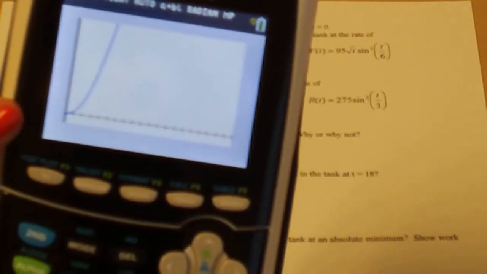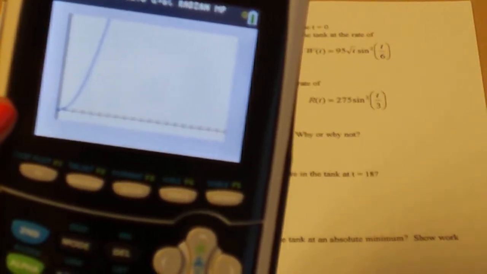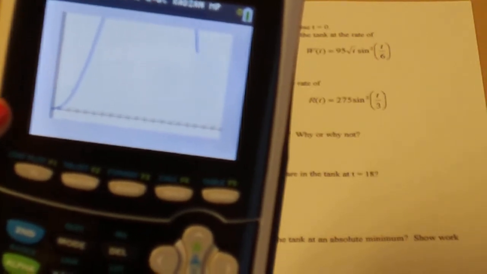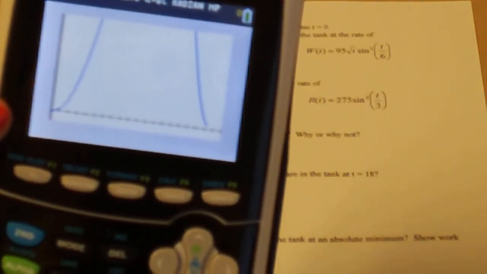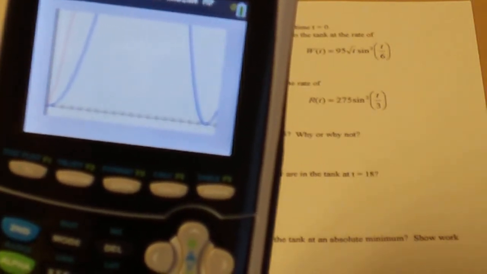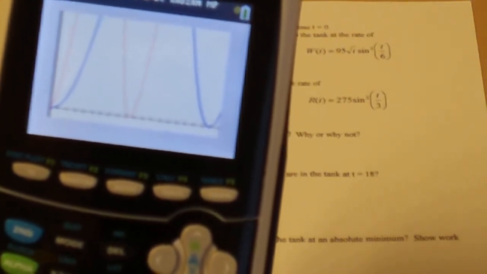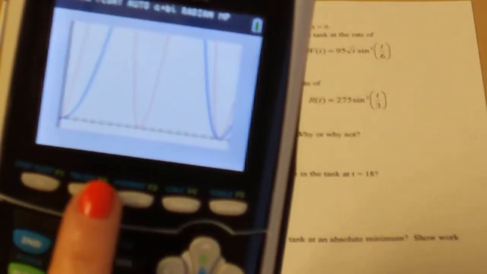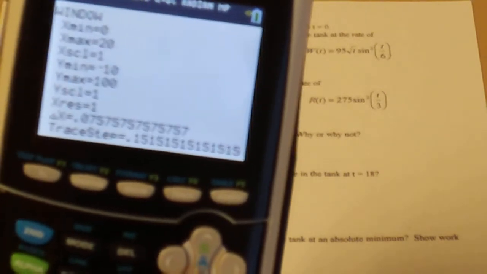Okay, so here's y1. Looks like we need to go a little bit higher on the graph. Ooh, a lot higher. Okay, this isn't horrible. If your calculators are done graphing, I would go ahead and change the window. I would have the y max go a little bit higher because I want to know what's going on at the top of the graph here. So I'm going to go back into my window.